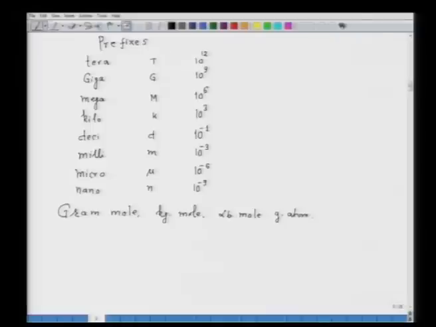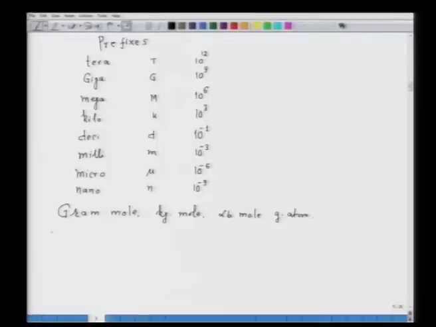To find out the value of gram mole, you divide the mass by its molecular weight, you get the gram mole. Kilogram mole and gram mole differ only by 10 to the power 3, and for pound mole, again you divide the mass in pounds by its molecular weight. So, these are also the ways of expression of the content of the mass.